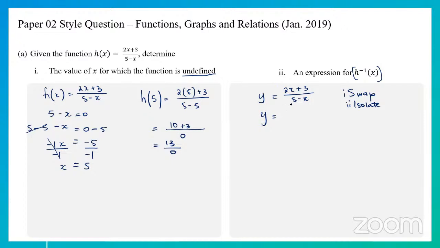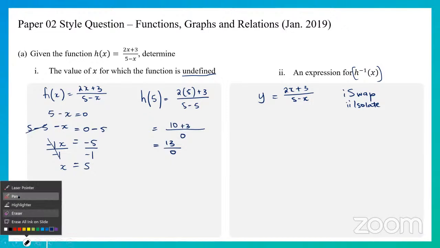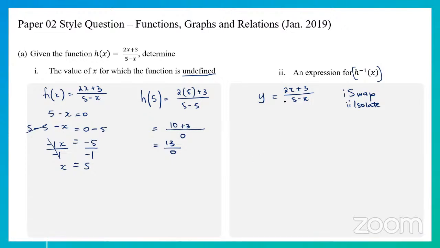So y is equal to 2x plus 3 over 5 minus x. This is my denominator here, and when we have something in the denominator, we put this aside first. So we transpose this first. So 5 minus x is dividing here, so we're going to be multiplying.